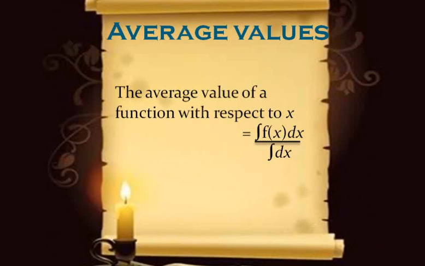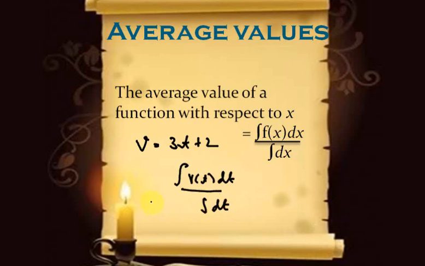What this means is that if the speed of a particle is say 3t plus 2, so the speed of a particle is basically varying with time, in that case the value of average speed can be written as integral v of t dt divided by integral dt. Understood? And of course, we'll integrate between the two limits in which we have to calculate the average value of the quantity.